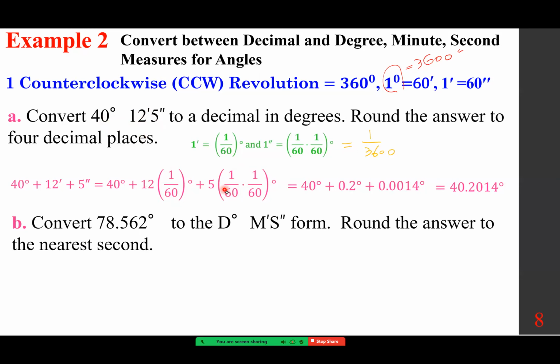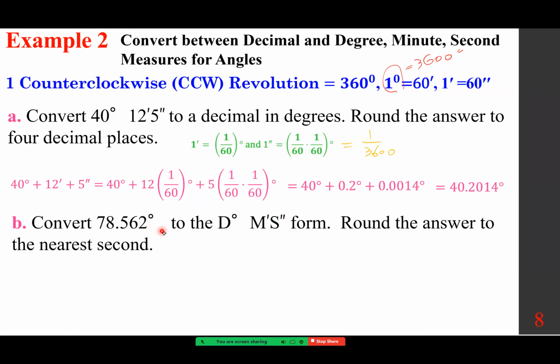What if we want to go back? What if we have a decimal notation of 78.562 degrees and we want to go to DMS, degrees, minutes, seconds format? Of course, we are going to round it to the nearest second. First of all, this is 78 degrees, very straightforward. This is 0.562.